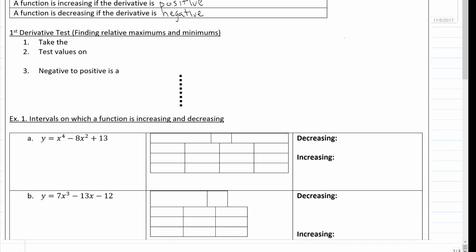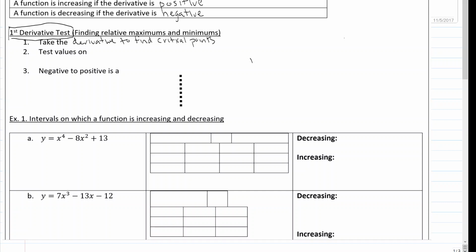So the first derivative test, which is kind of the big idea of this section, is that you're going to take the derivative to find critical points. So same as our last notes on absolute extrema. And now here's the part that kind of throws people for a loop.